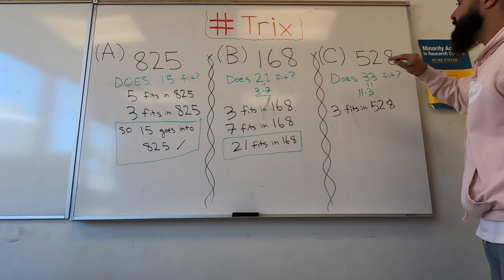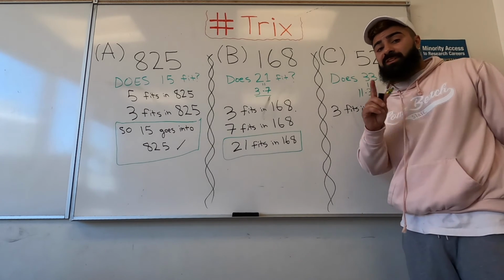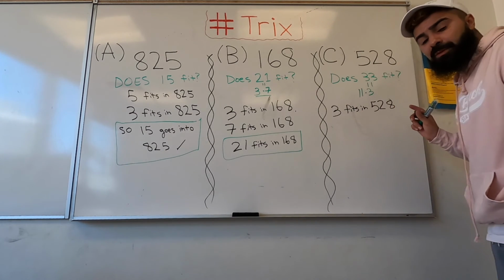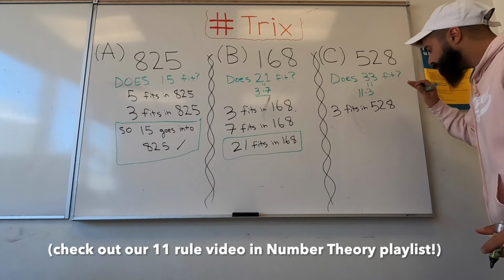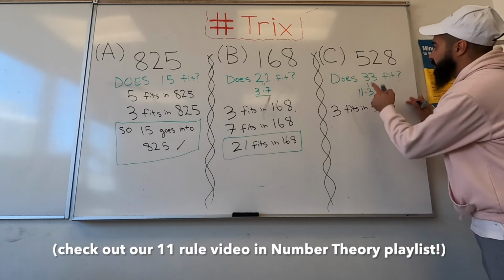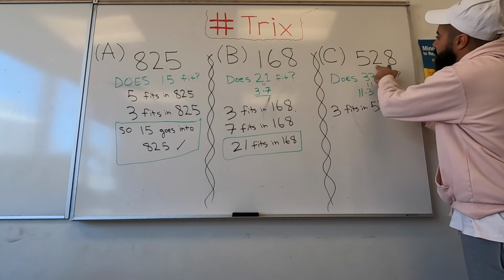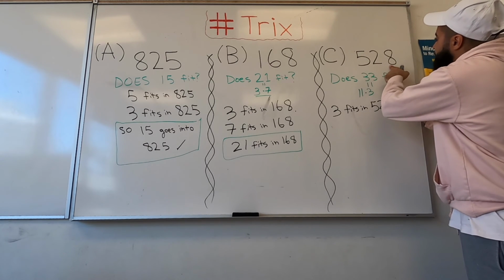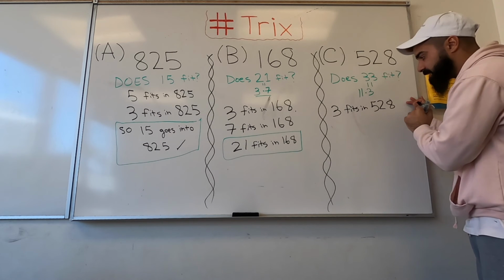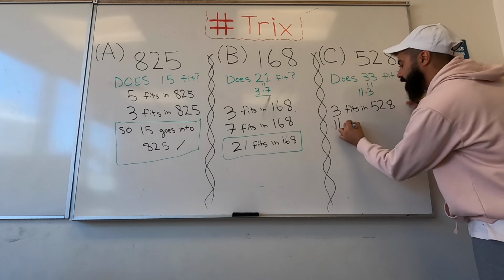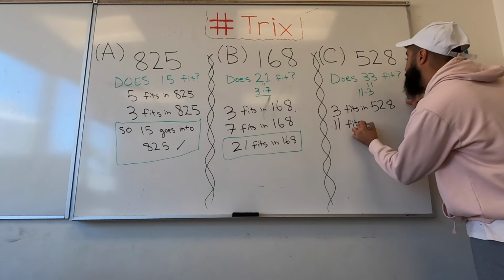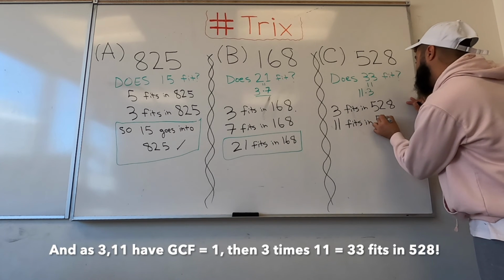If we do our test for 11, divisibility rules for 11 is another video that we have under the playlist for number theory. We have that 5 minus 2 plus 8 is 11. 11 fits inside of 11, so 11 fits in 528.